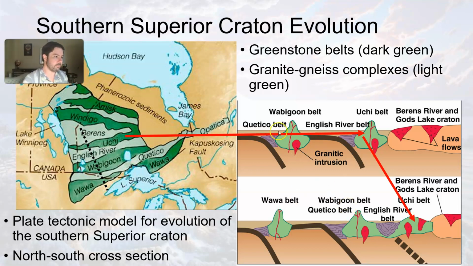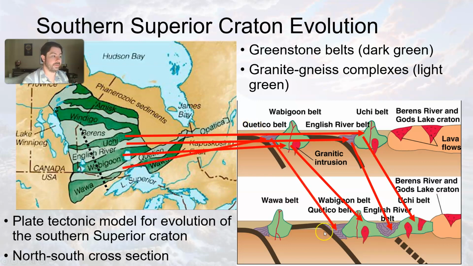This is before the Wawa belt, and this is after. So we have the Uchi, before and then after. And then we have the English River granite gneiss complex before and then after. And then we have the Wabigoon before and then after. And then we have the Quetico before and then after.